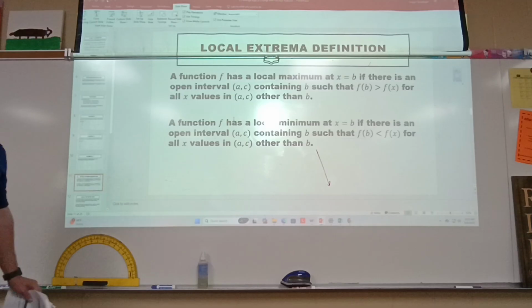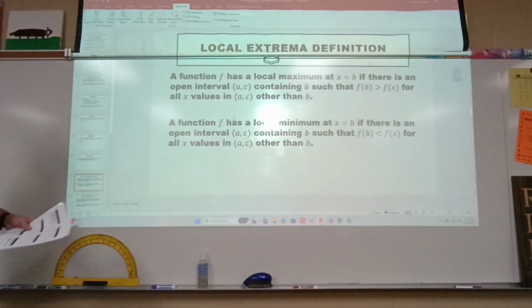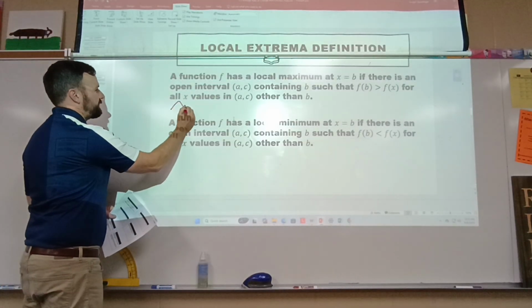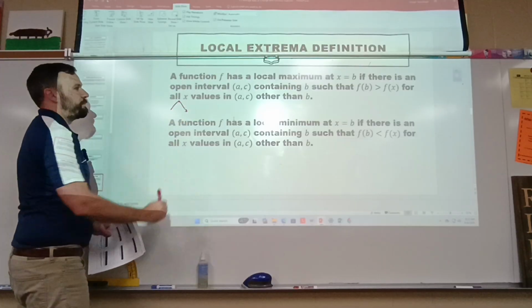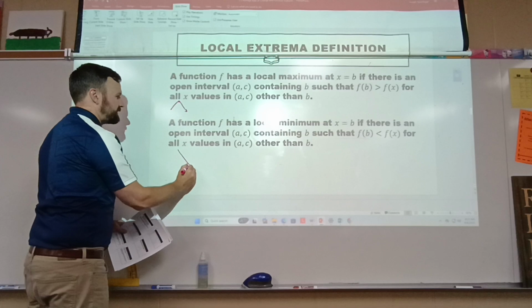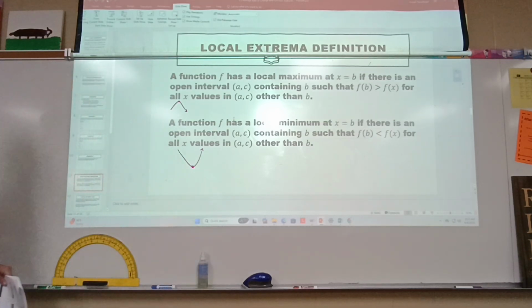All right, local extrema. What this says is something is a max if it goes up and then comes down. This point would be a max, a local max. And this says if something goes down and then comes up, that's a min. That's putting it in the best terms I can.